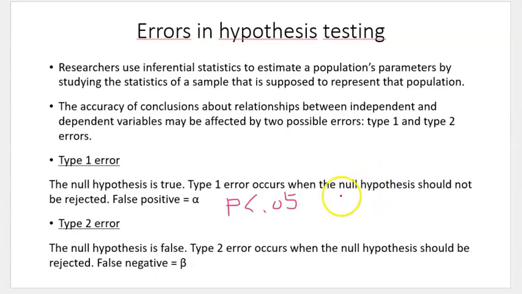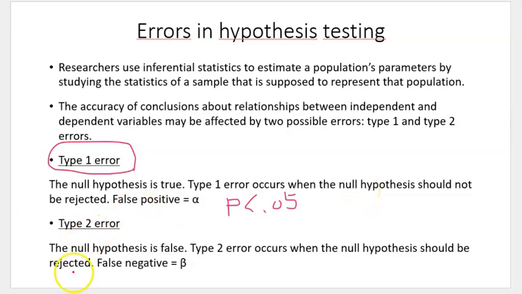However, this is the error. Type 1 error is really something we don't want to have: even though you obtain p less than 0.05, this is not correct. In fact, we have to accept the null hypothesis. So we call this the type 1 error.